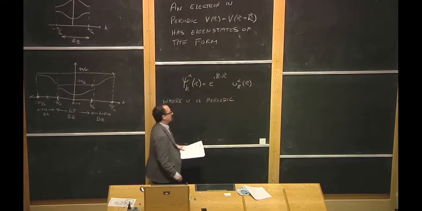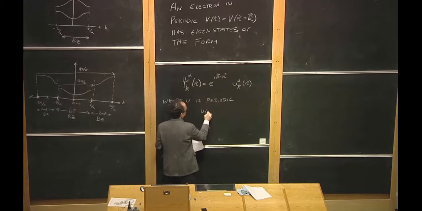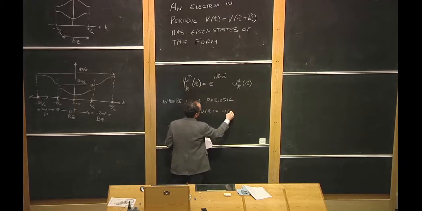So it's the same if you shift it: u of r equals u of r plus R.